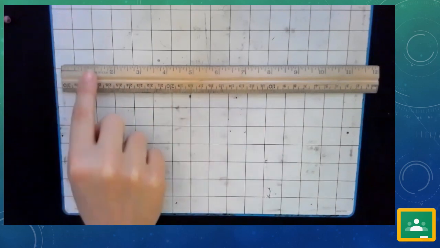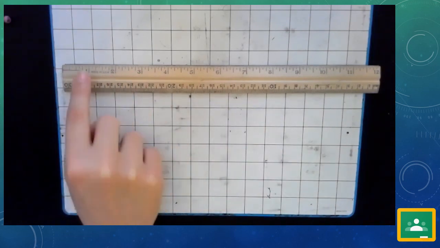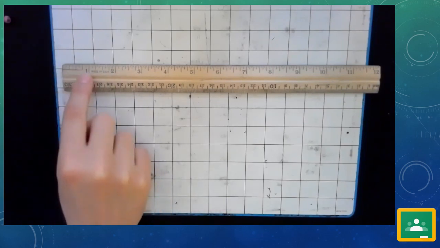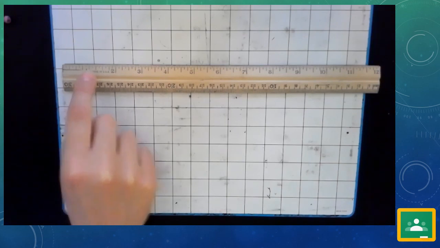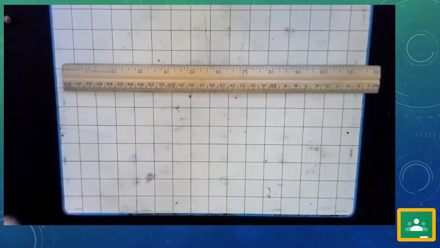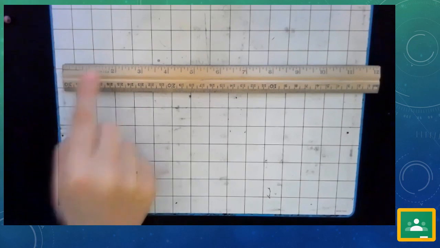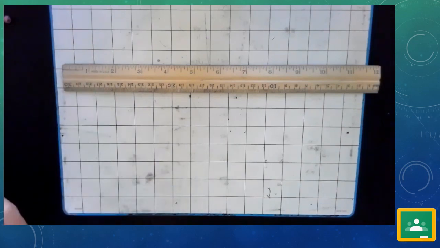But the distance between each inch is the same, okay? So from 0 to my first inch, it's the same distance from this 1 inch to the second inch. And that is really important when you are measuring. The distance between one unit to the next unit has to be equal, okay?